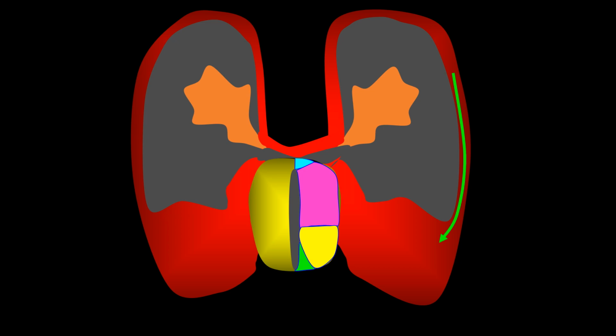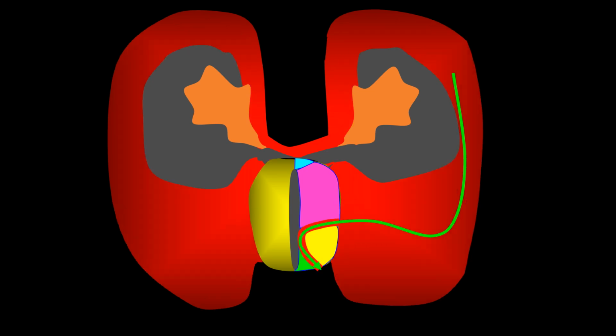Here I am representing an advancing axon through the centrum semiovale and through the portion of the telencephalon that has fused with the diencephalon. Finally, the axon reaches the diencephalon and goes through between the thalamus and the subthalamus, as you can see here.